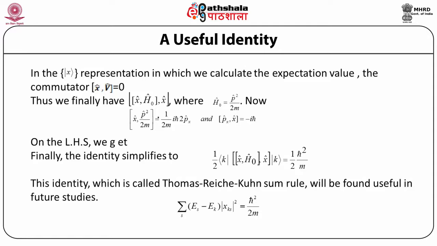Now, commutator of operator x and operator p square by 2m is equal to 1 by 2m times I h cross 2 times operator px, and commutator of operator px with operator x is equal to minus I h cross.